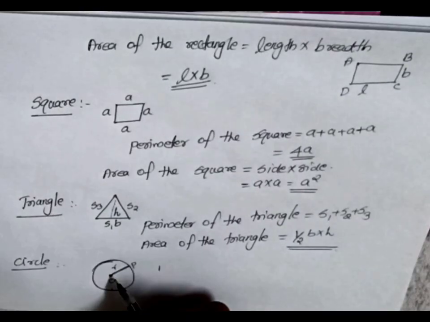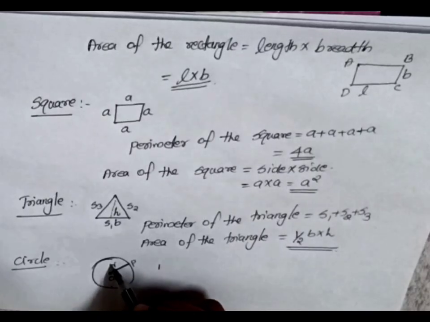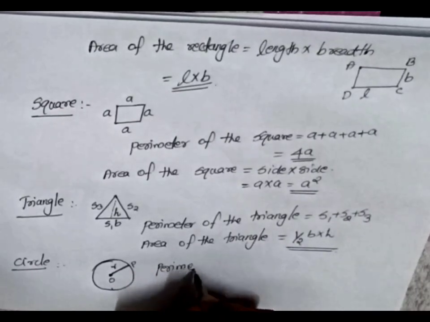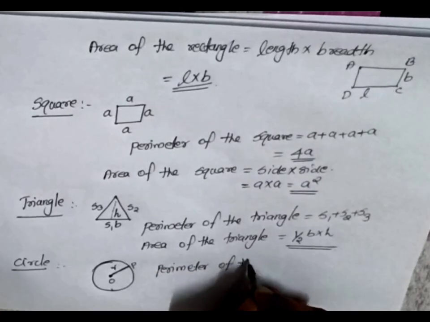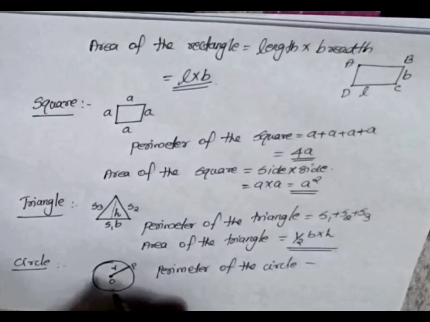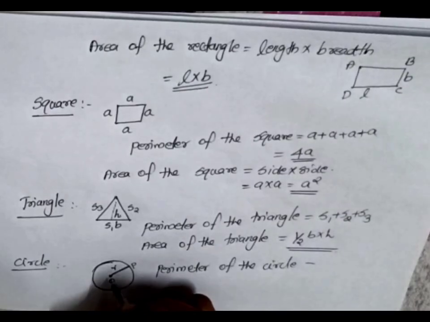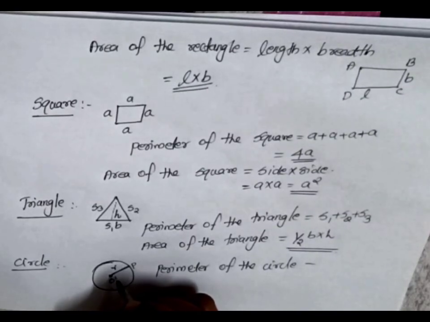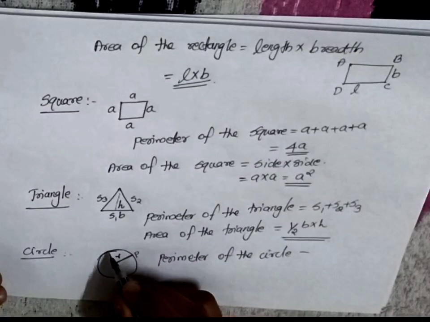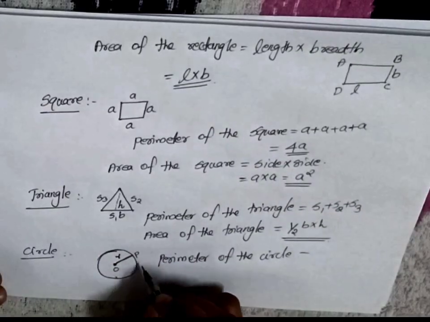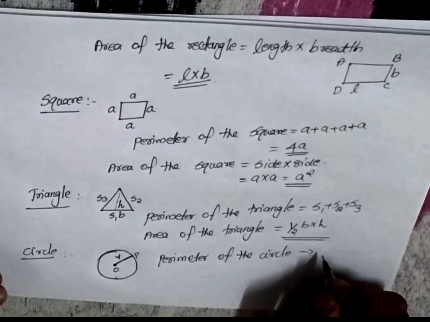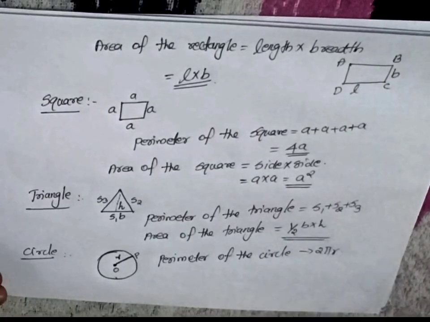In the case of a circle with the center O and radius R, the perimeter of the circle is equal to, we know that in a complete rotation it is 2 pi. Here completing one rotation, the total length of this rotation is 2 pi into R. Therefore, the total length of the circle is equal to 2 pi R.